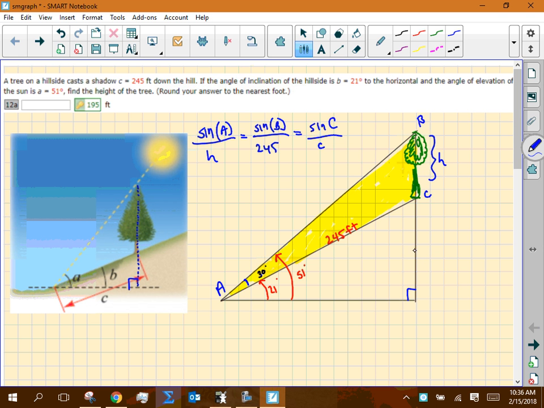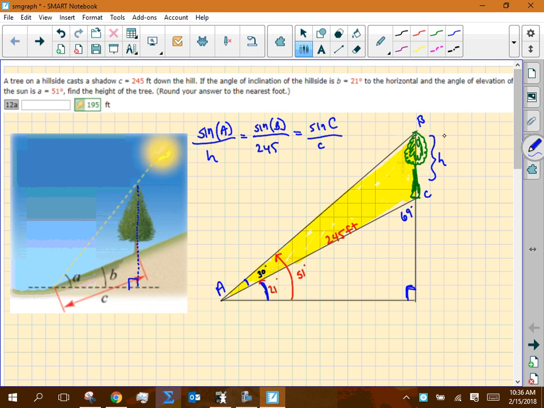But using law of sines, now I know that's 90 degrees. I knew that this was 21 degrees. That's 21, this is 90. So if that's the case, then this angle here has to be 69, because looking at that clear triangle there, they have to add up to 180.